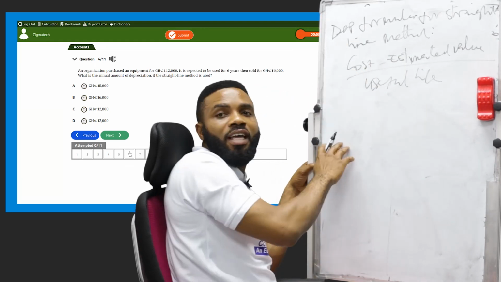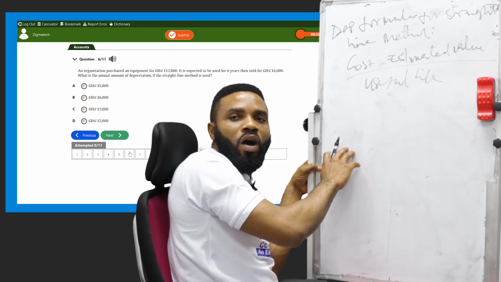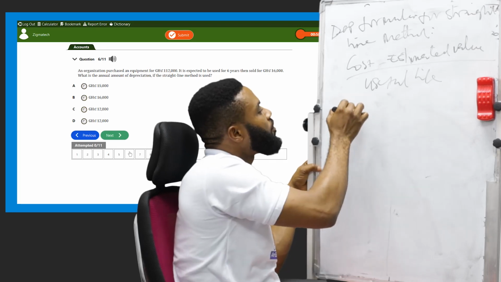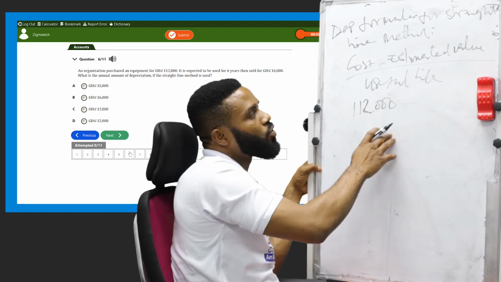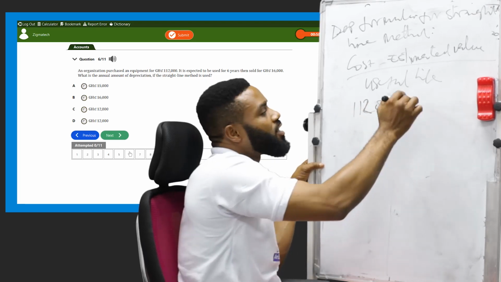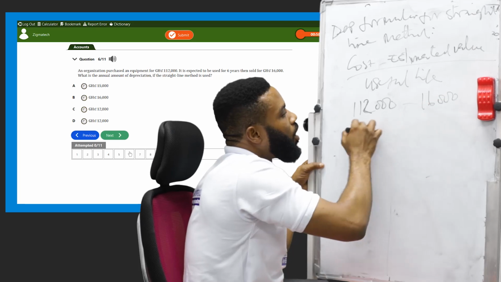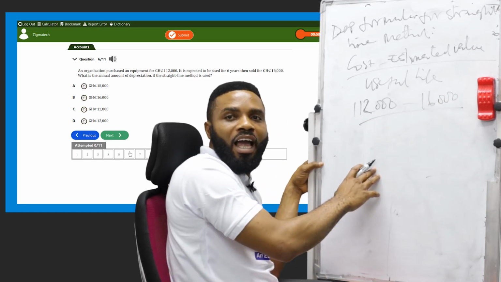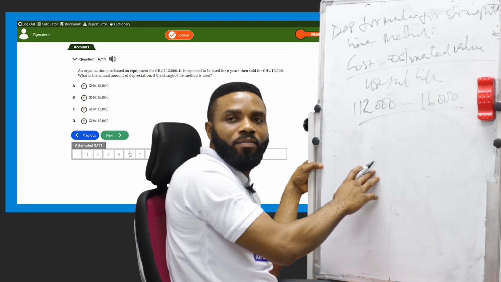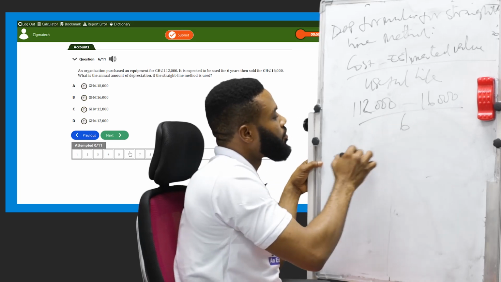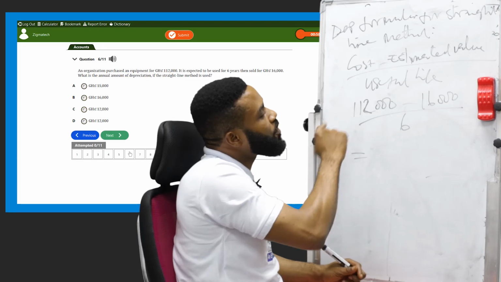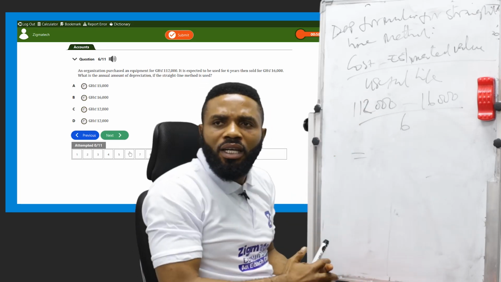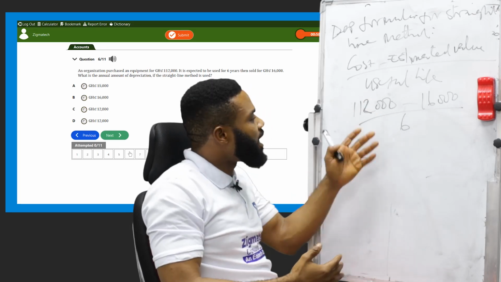So the cost here is how much? 112,000 minus what? Estimated value is 16,000 all over the useful life of the asset, which is what? 6 years. You see now? So you have 112,000 minus 16,000, divided by 6.